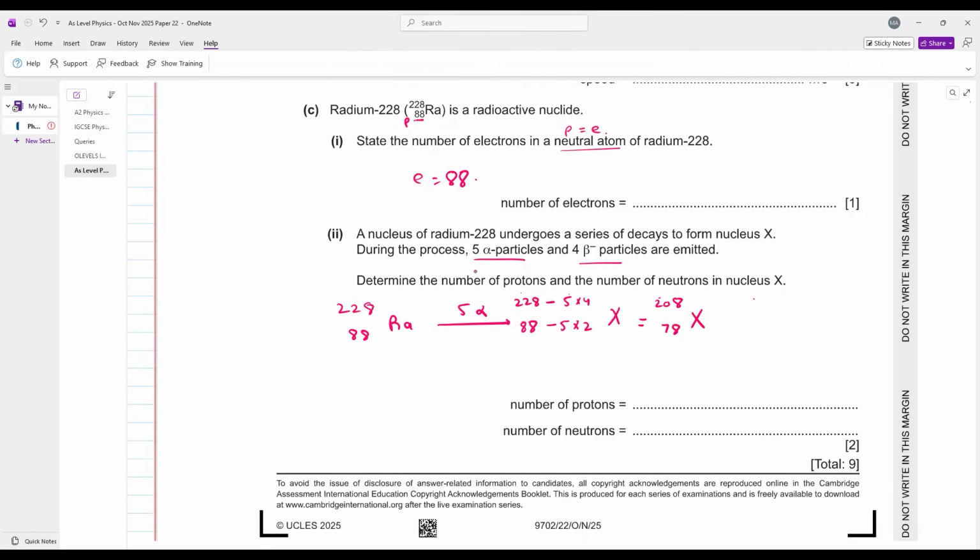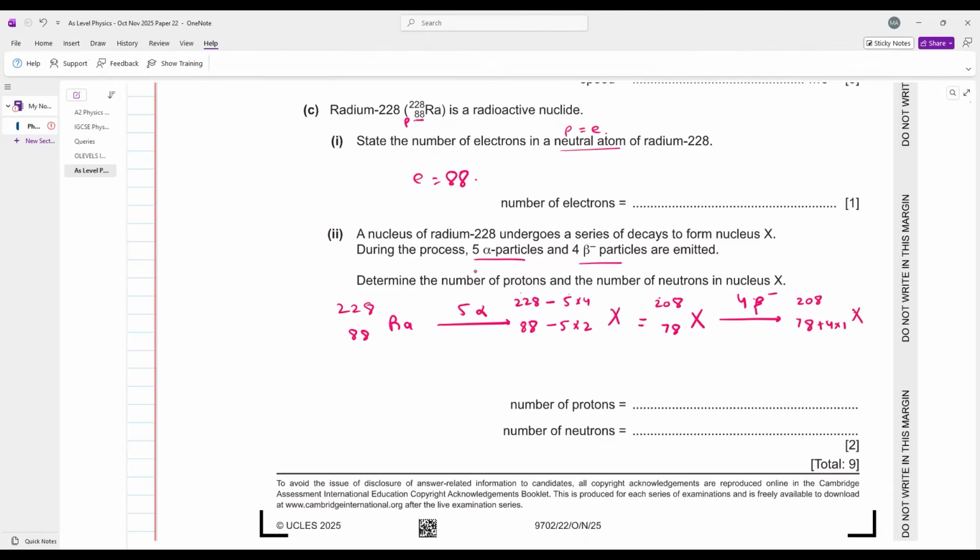Now after this, there are 4 beta particles that are getting emitted. 4 beta minus particles are getting emitted. Whenever a beta particle is emitted, the mass number remains unchanged. Proton number increases by 1. If 4 beta particles are emitted, proton number will increase by what? 4 multiplied by 1.